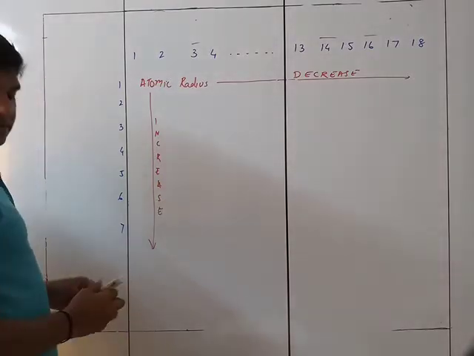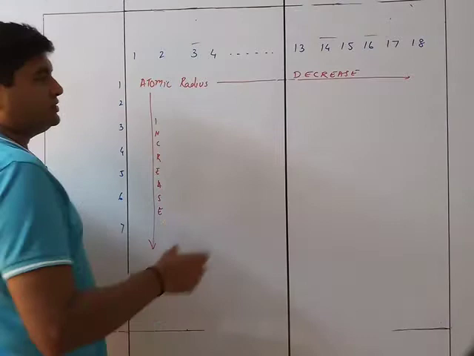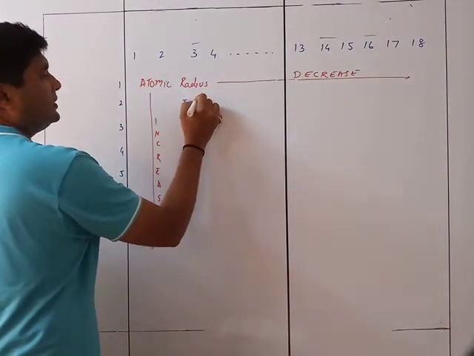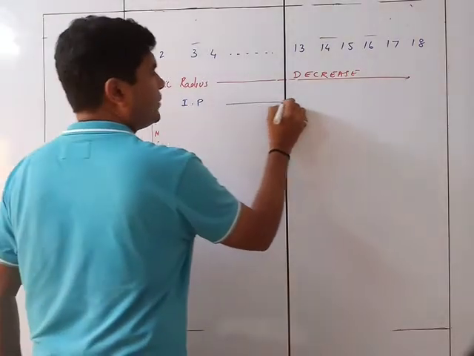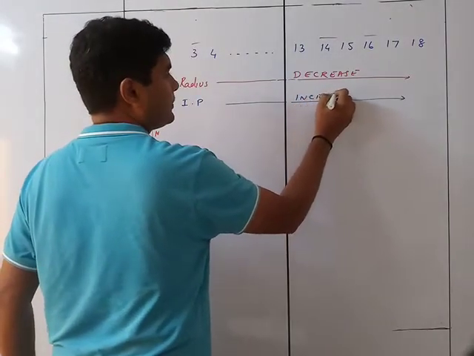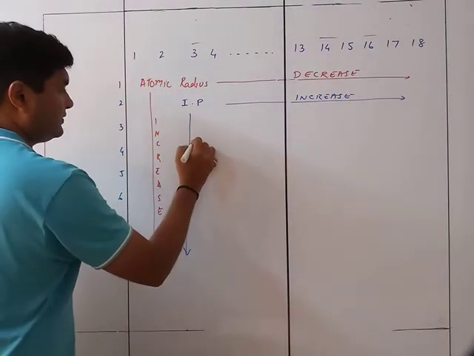Okay, that is the first thing. The next one, let's take all these characteristics one by one. The next one is ionization potential, IP. As I go from left to right, it increases. When I go down, it decreases.